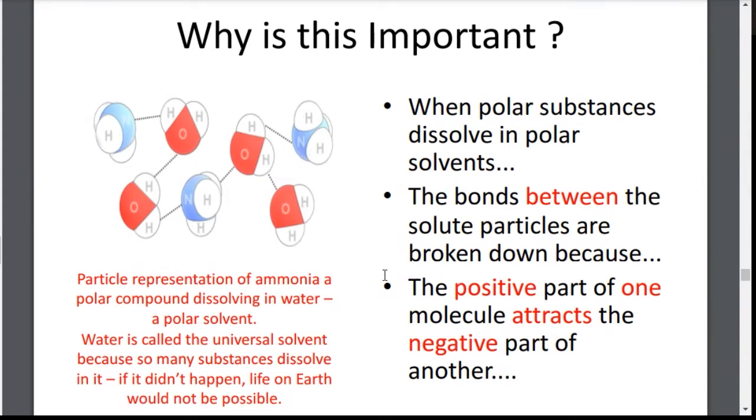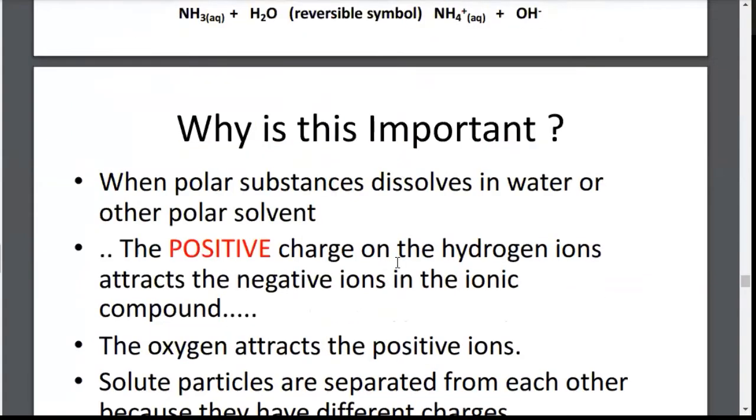The positive charge on the hydrogen atoms attracts the negative ions on the ionic compound. So this is the idea of opposites attracting, in this case negative attracting positive, when it dissolves in water.